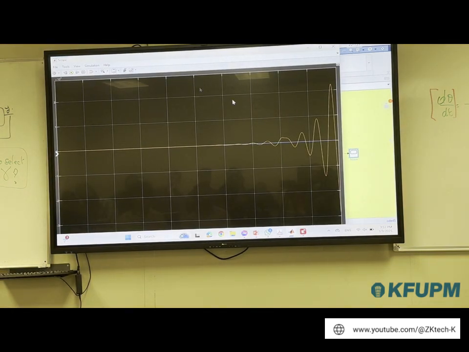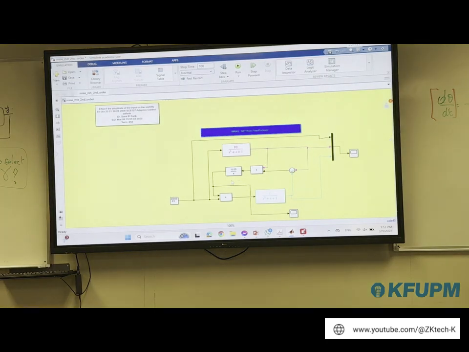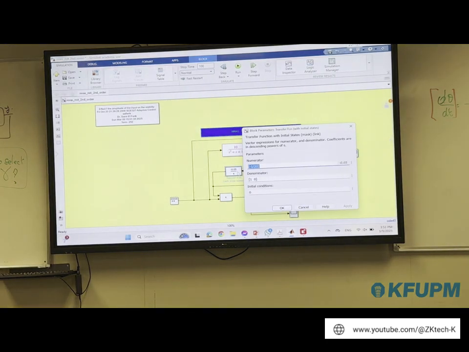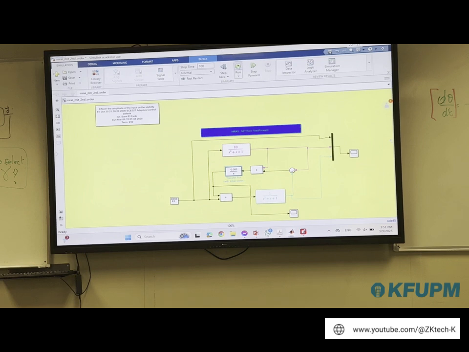Still not. So I need to make it even smaller. In fact, I need to put it not at 1/20, but 20 times 10. So I will put it 200. And I will show later on why we are putting this kind of thing.